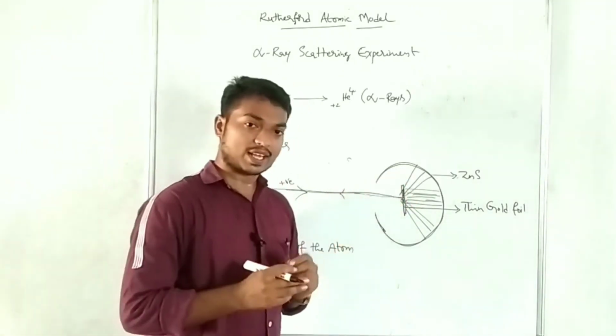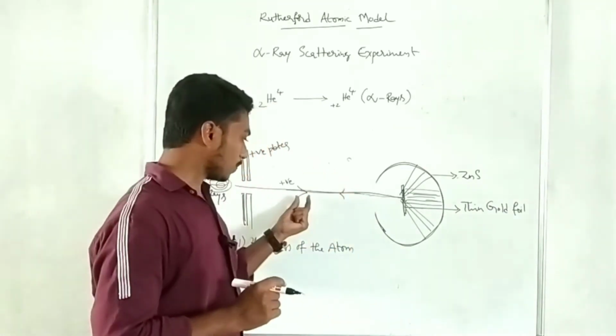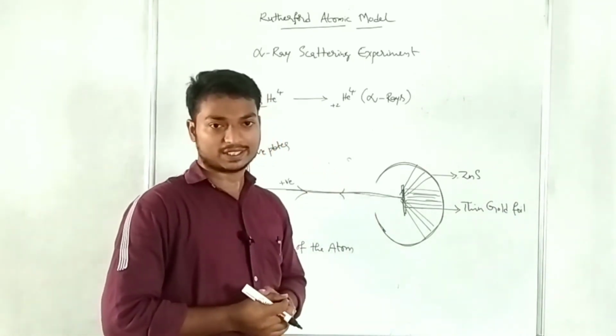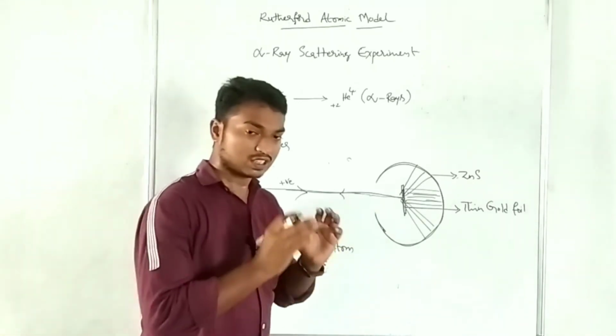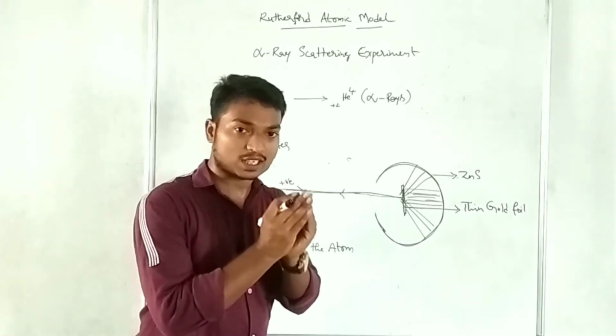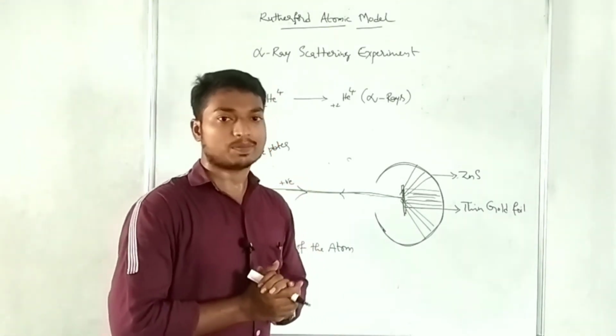So, only if there is some positive part in the atom will these positive rays be deflected. So he said that the center of the atom is constituted of positively charged particles.